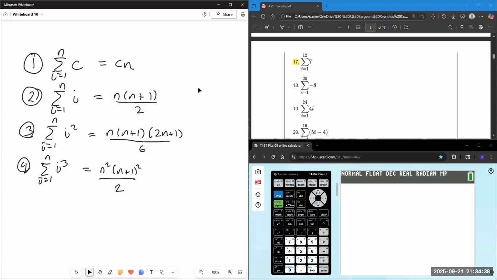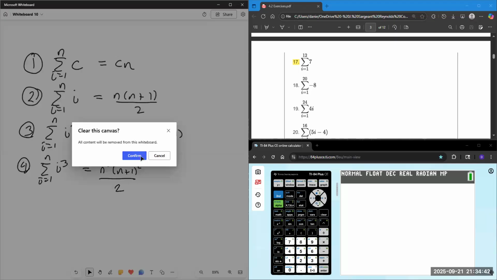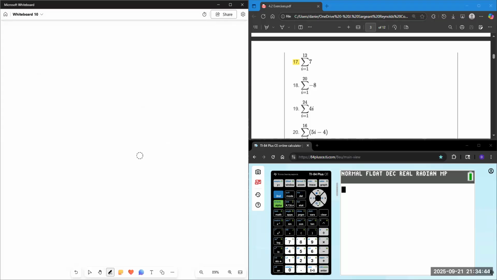All right, I think I've given you enough time to write all of those down. Start with number 17. Summation from i equals 1 to n, n is getting replaced with 12, of 7. Since that's a constant, that will be 7 times 12, which is 84.